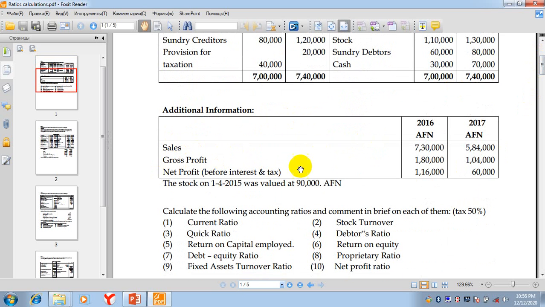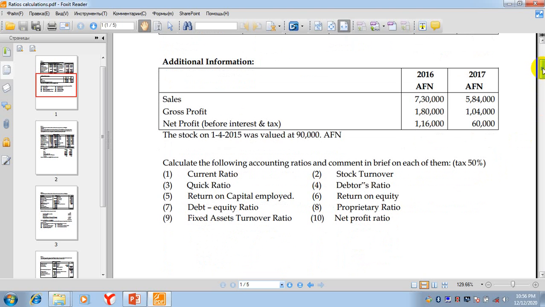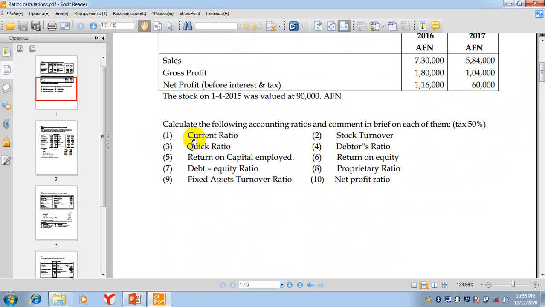Sales, gross profit, net profit. Now what will you do? This is the stock inventory on 1/4/2015. Now what will you do? You will calculate the current ratio, current assets divided by current liabilities, stock turnover, inventory turnover.